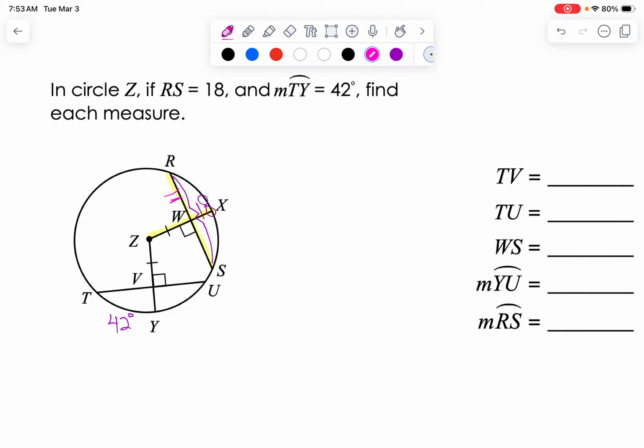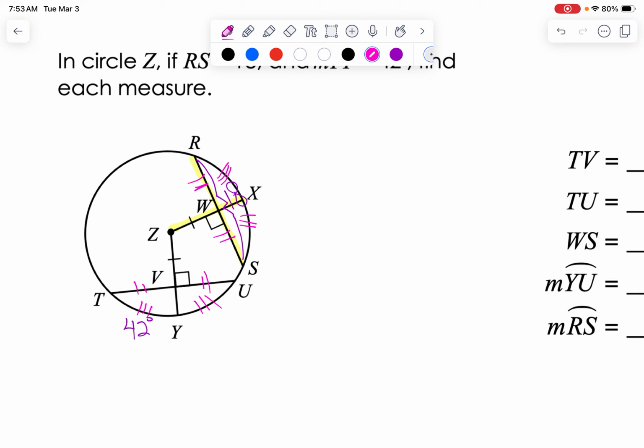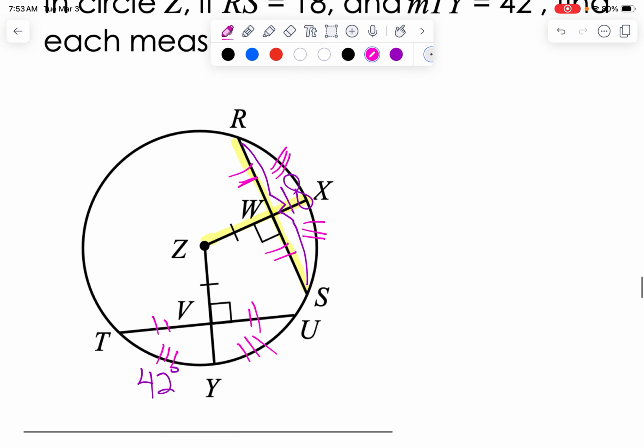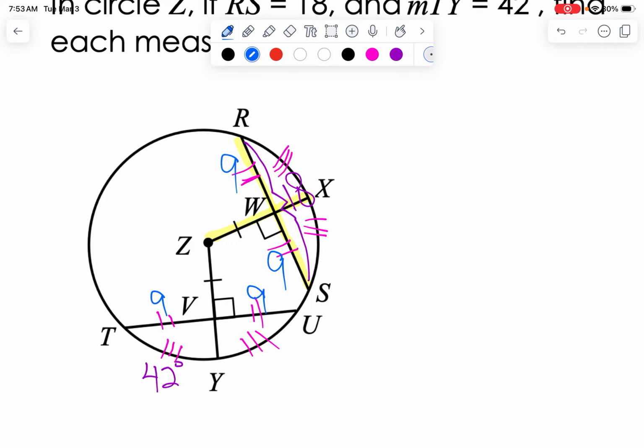So that means this is congruent to this. It also means that this is congruent to this, which is going to be the same over here on this side. Cool, because remember, they're all the same. So if RS is 18, then I know that this is 9, and so is this, which makes this 9 and this 9.